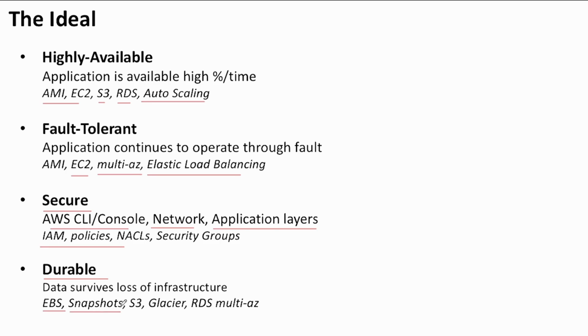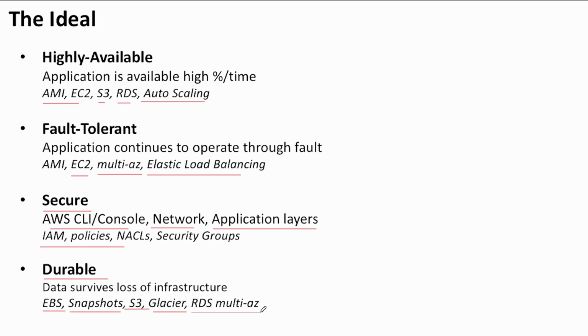Also remember that we have the ability to copy snapshots, both EBS snapshots and RDS snapshots, to multiple regions, giving us a high degree of geographical diversity in our data. We also have Glacier. We also have the Relational Database Service in multi-AZ deployments.